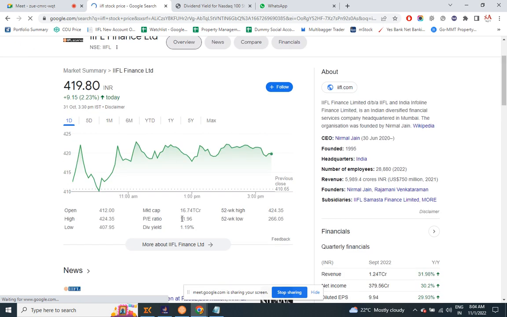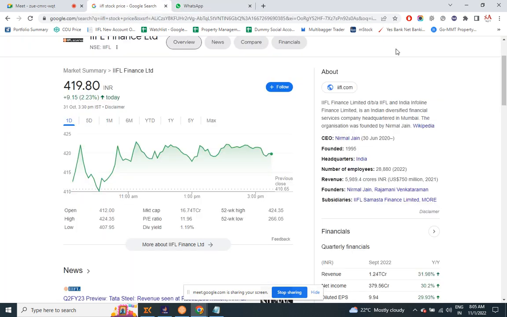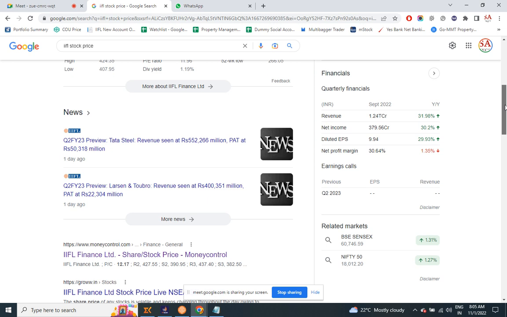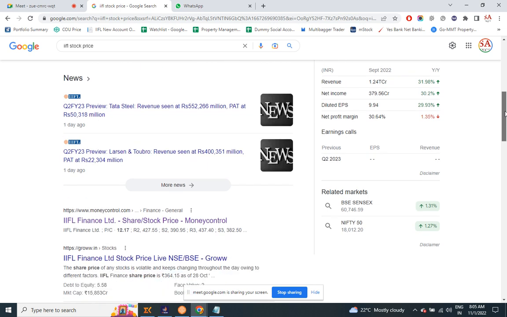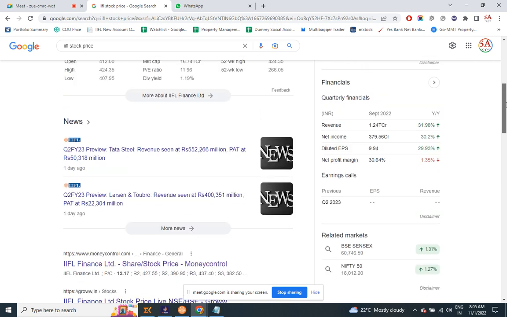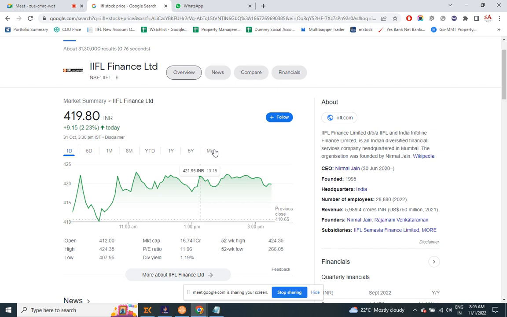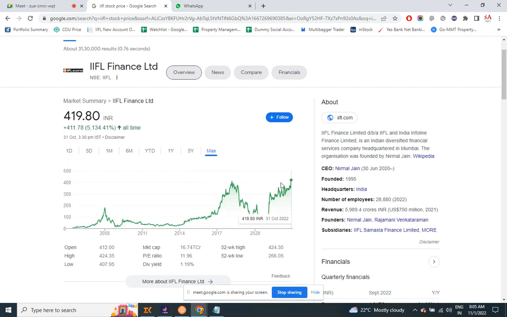It's just trading at a P/E ratio of 12. There's good dividend yield also. The price is already at a lifetime high.